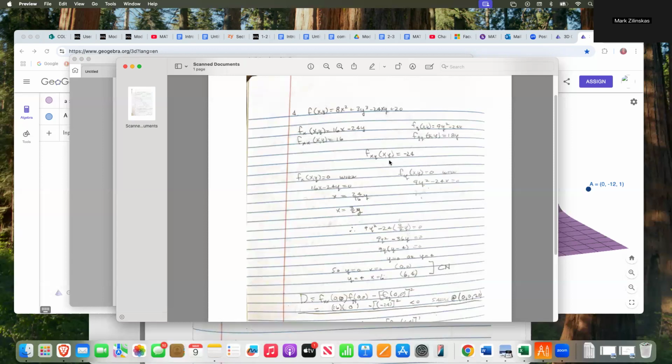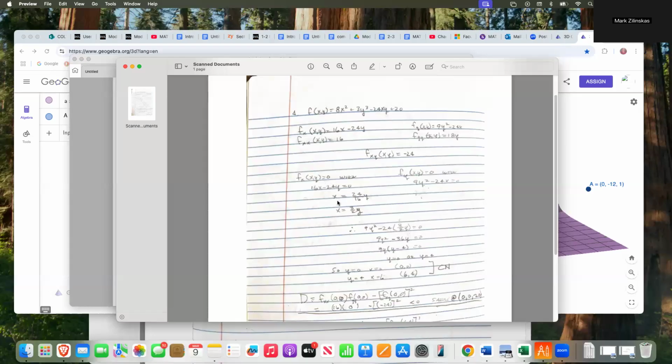Now I want to find out when the first partial is equal to 0. So I set that equation equal to 0, but notice I really can't solve it. It's a linear equation, with infinitely many solutions. But then I have to consider where the other first partial is equal to 0, so I've got this quadratic. This is basically a system of equations.